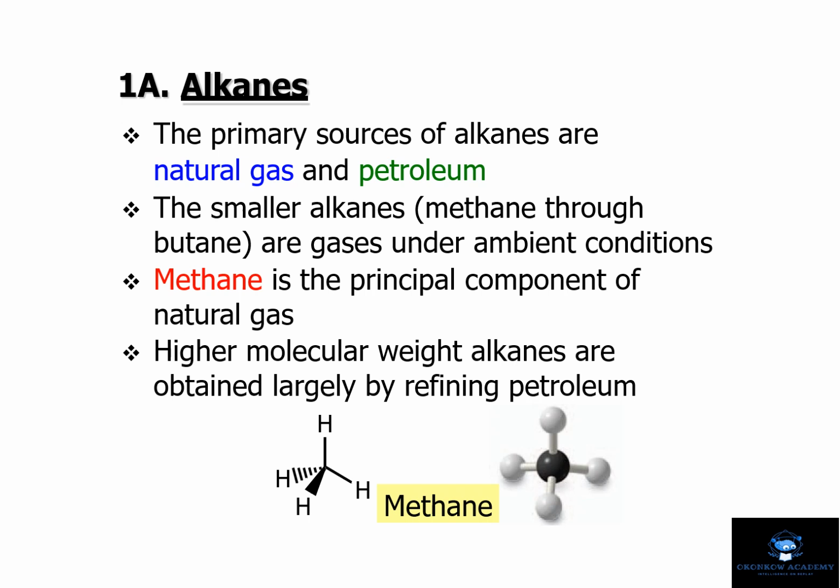Higher molecular weight alkanes, pentane and above, are liquids, and very heavy alkanes are solids like wax. The refining of petroleum separates alkanes into fractions by boiling point, producing gasoline, jet fuel, diesel, and other products.